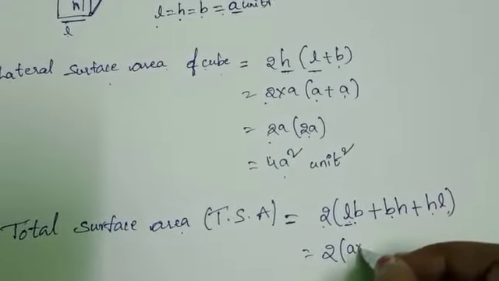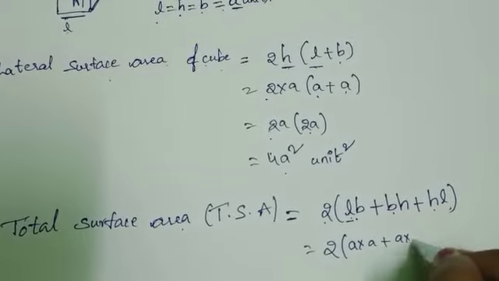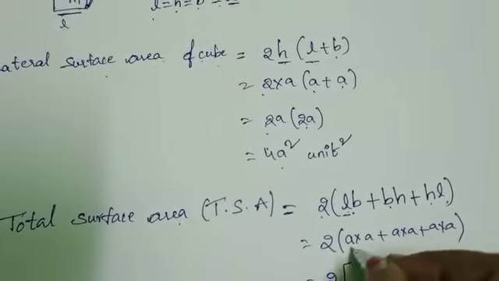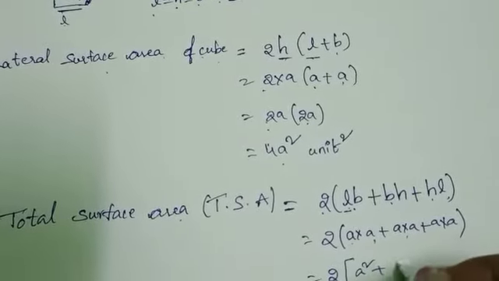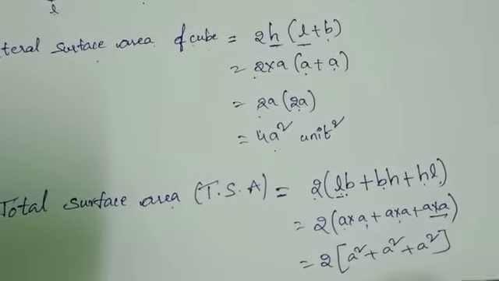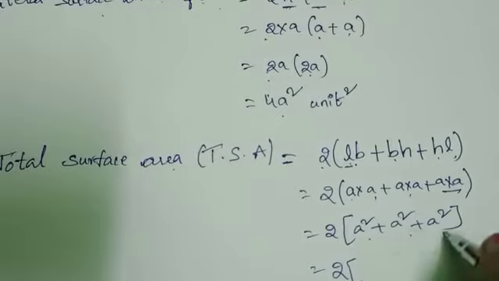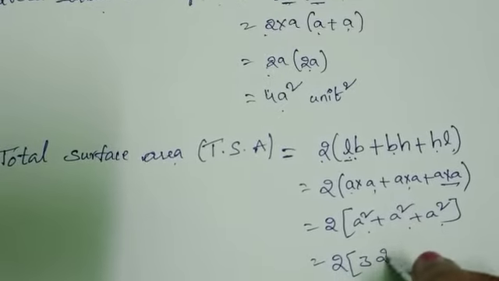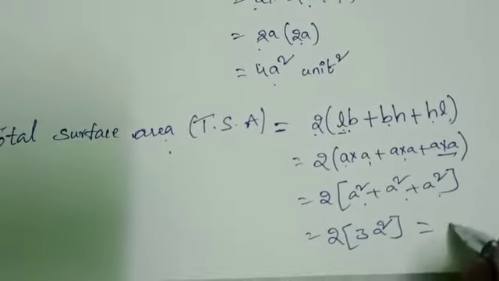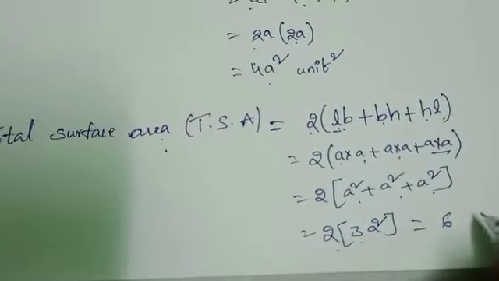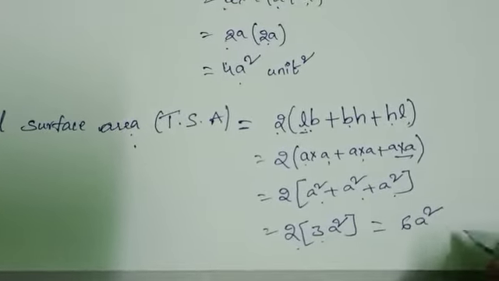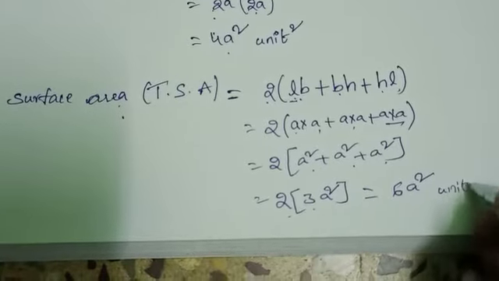So, A into A plus A into A plus A into A. 2 into (A square, A square, A square). A square plus A square plus A square, 3 times, 3A square. Therefore, total surface area of the cube equal to 2 3s are 6A square. Unit square.